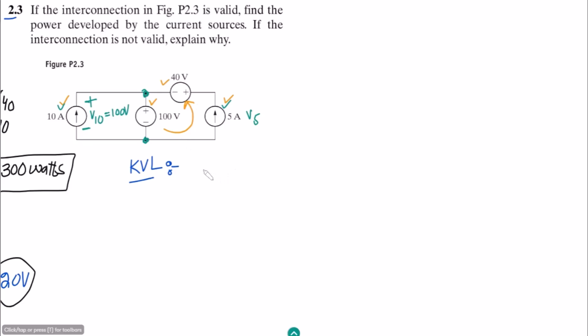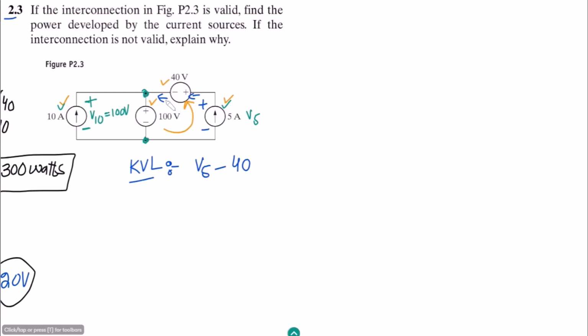Let me consider this one as the positive, so it will be negative positive. Let me consider this one as V5. Now the current is entering through the positive and coming out of the negative, so this is minus 40.